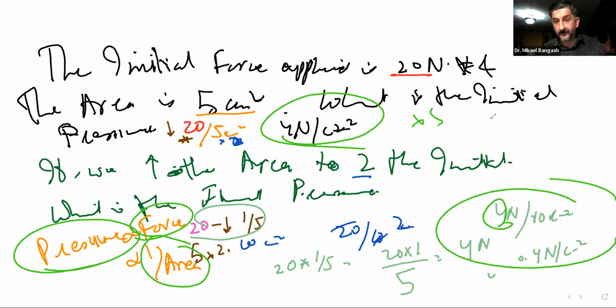So if you had an initial pressure which was, let's say, 20, and at the end of it a final pressure which is 80, you still have to say the pressure increased 4 times. Why? Because 80 is 4 times greater than 20.